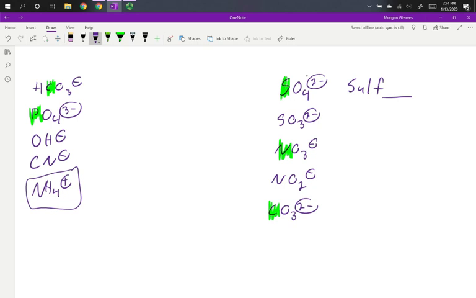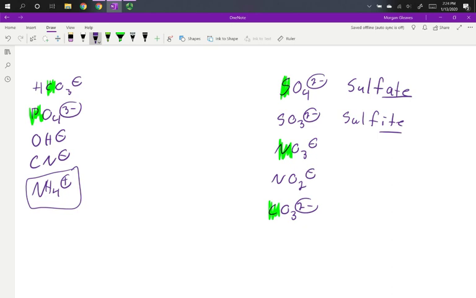If you have more oxygens out of your possible numbers, so there's a sulfur with oxygens that has 4 oxygens, there's a sulfur with oxygens that has 3 oxygens. If those are your two possibilities, the one with more is ate. The one with less is ite. Now, you have to know what possible combinations there are ahead of time. And these are the 2 for sulfur.